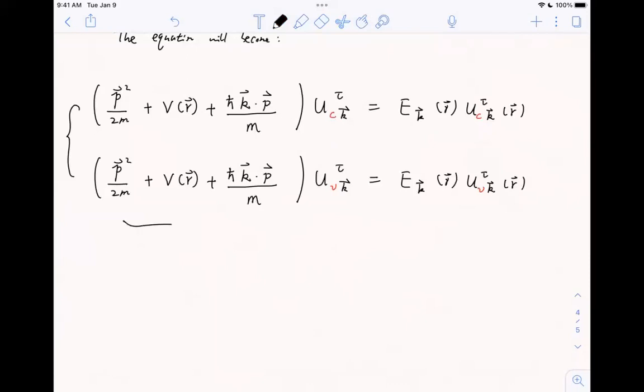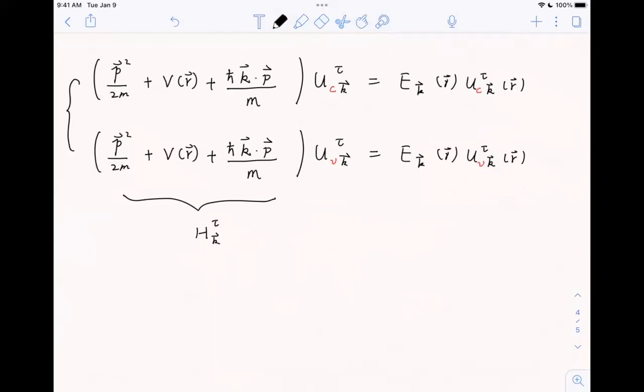Okay, we're going to name this as H K, and you're going to have a tau here to denote that it will actually be different when you have different tau. Although there's no tau inside, later you'll find that it would actually depend on tau. I'll leave the tau out for now, but later we are going to show that it will be different.